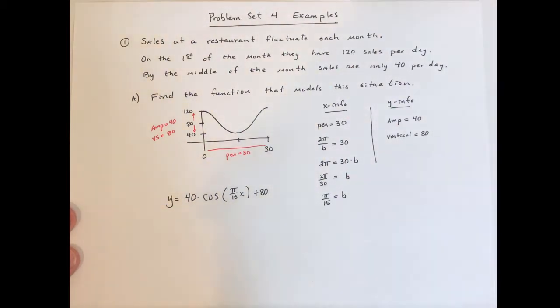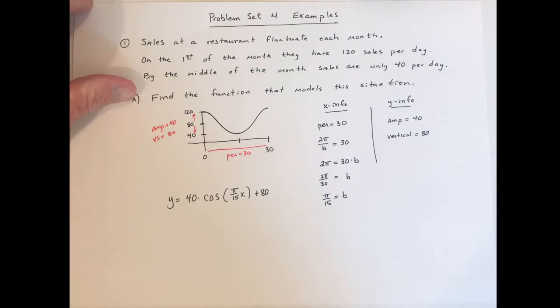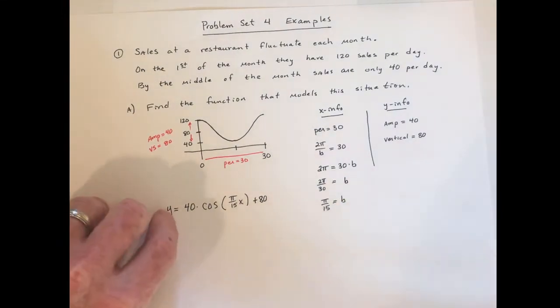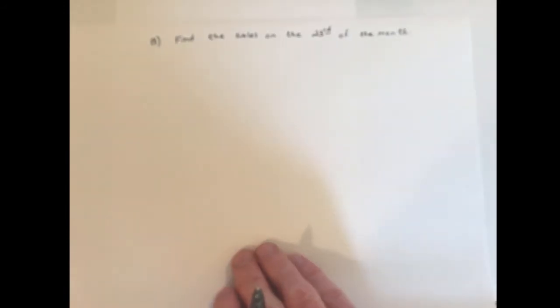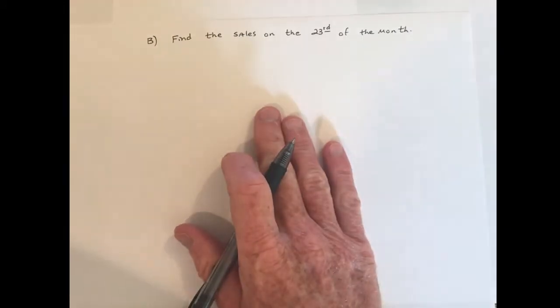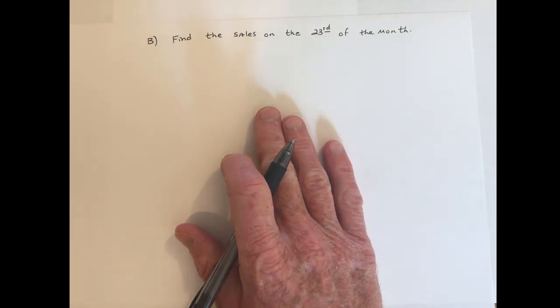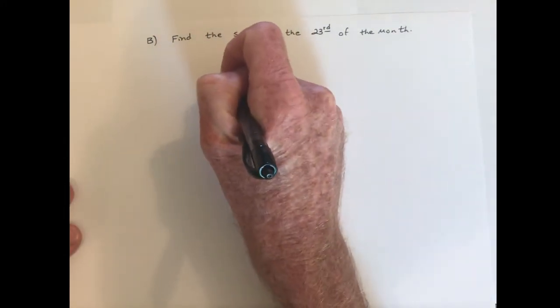And now we're going to move on to a couple of different parts. For part B, use that equation. What are the sales on the 23rd of the month? So let me just recopy.